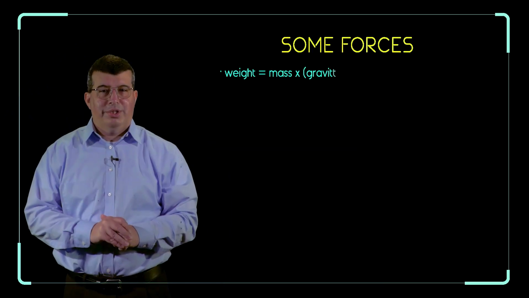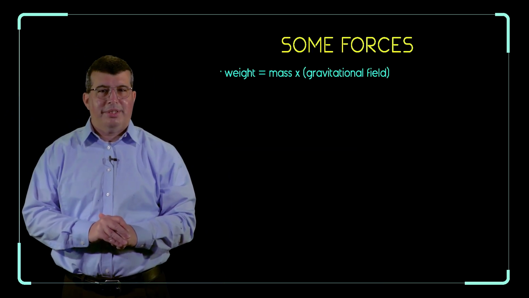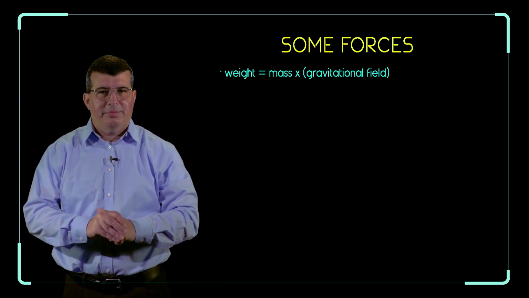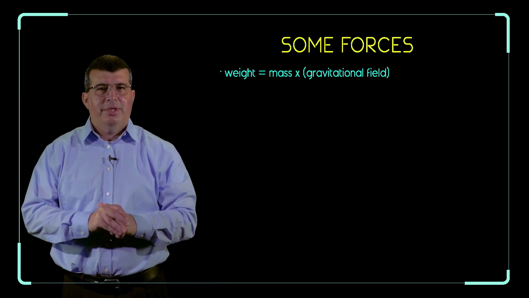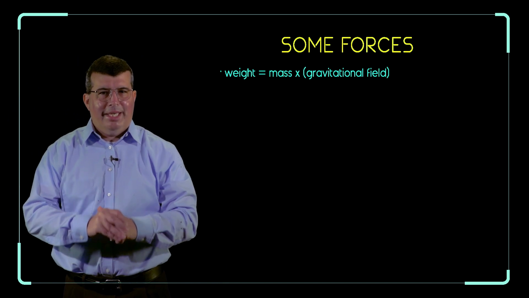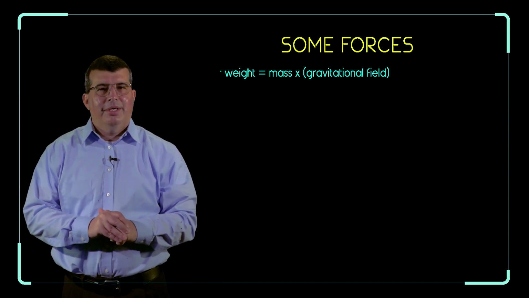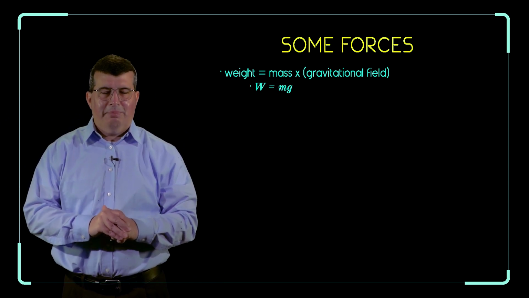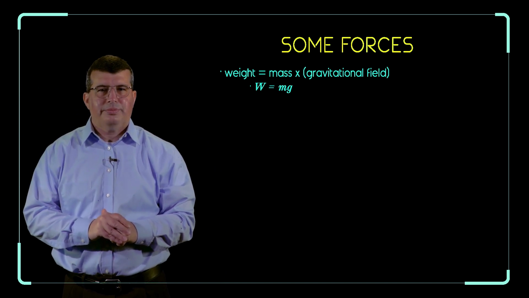And we have an equation for weight, which is that the weight of an object is equal to its mass times the gravitational field that that object is in. So in symbols, that would be W for weight equals M for mass times G for gravitational field.